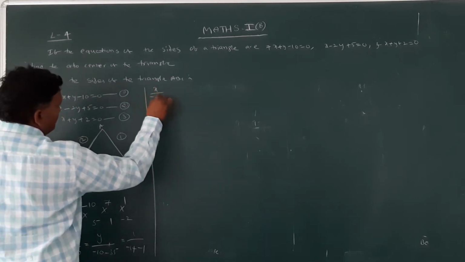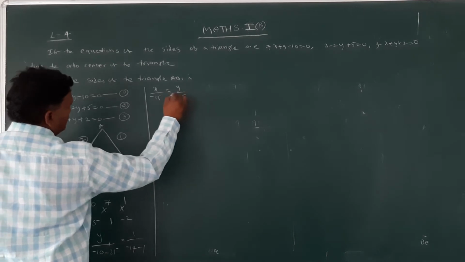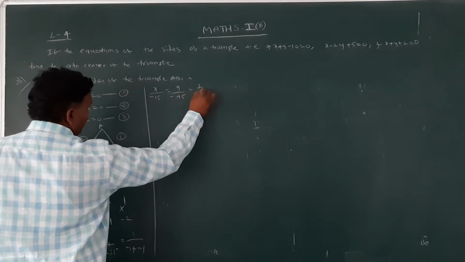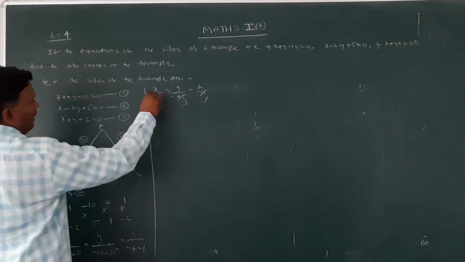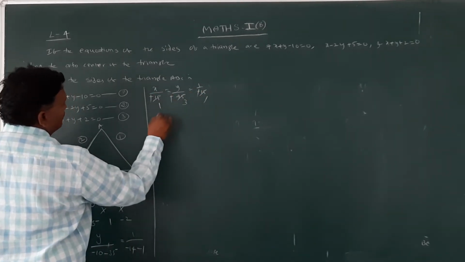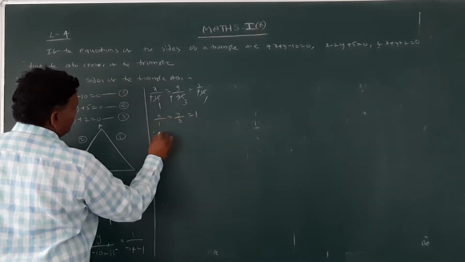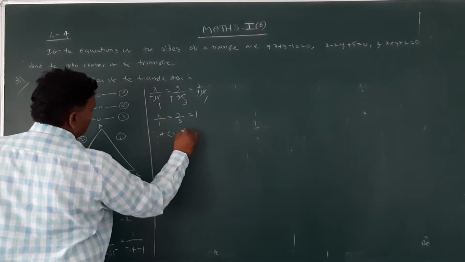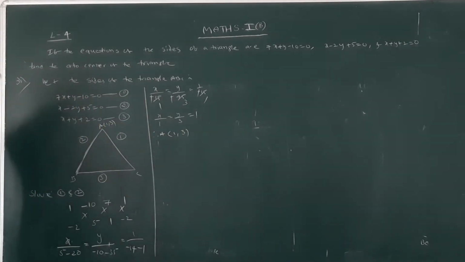So x by minus 15 is equal to y by minus 45 is equal to 1 by minus 15. All minus signs cancel. X by 1 is equal to y by 3 is equal to 1. Therefore, A is 1 comma 3. Next, solve 2 and 3.